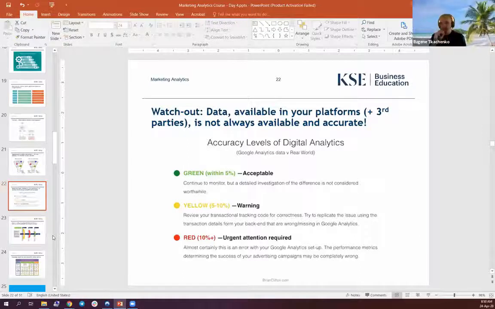So you just need to know how everything is measured and where the difference is coming from.